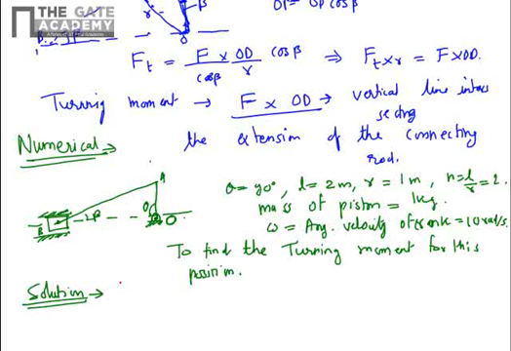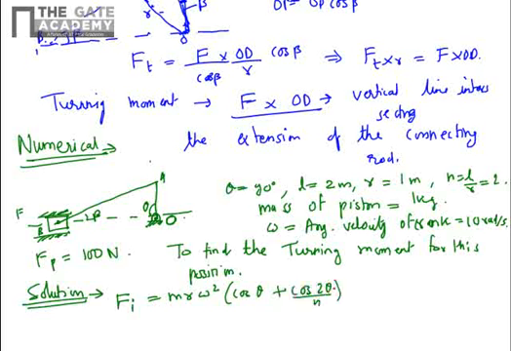For determining the turning moment, we need the effective force F on the piston. So F is a summation of Fp and Fi, and in the problem Fp is given. So Fp is equal to 100 Newton, that is the gas pressure force. So we have to calculate F first. For that we need the inertial force of the piston, that is Fi. So Fi is given as m r omega square (cos theta plus cos 2 theta by n).